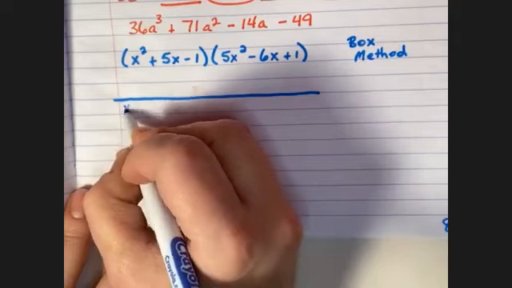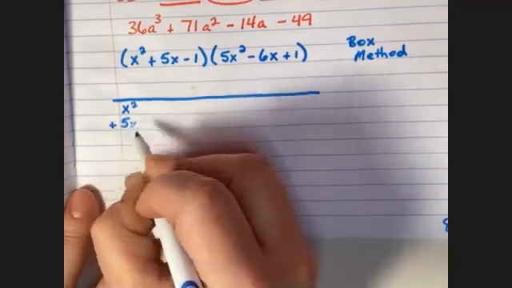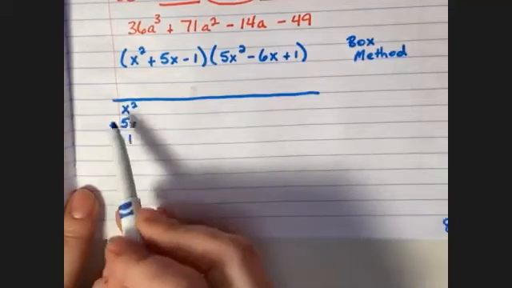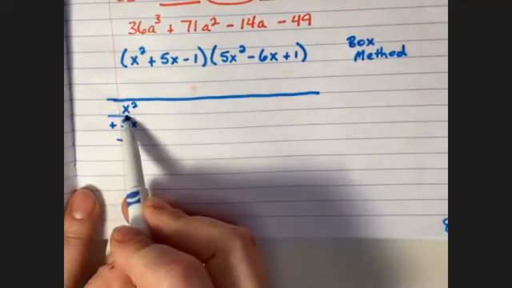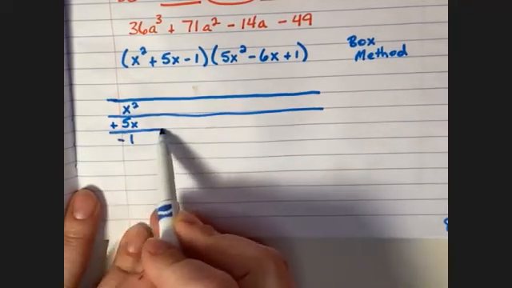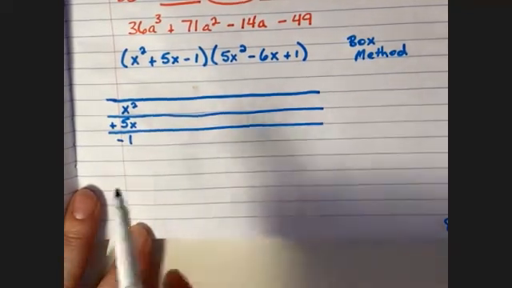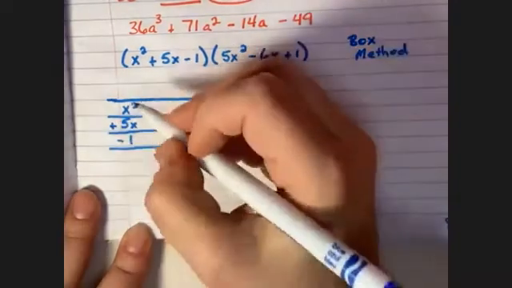So I'm going to have x squared plus 5x minus 1. So I'm just doing each term, and remember the terms are split up by plus and minus signs. And I want to make sure I keep a hold of those signs, because if not, I'll end up messing up.